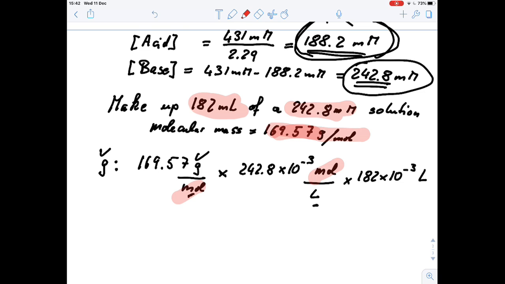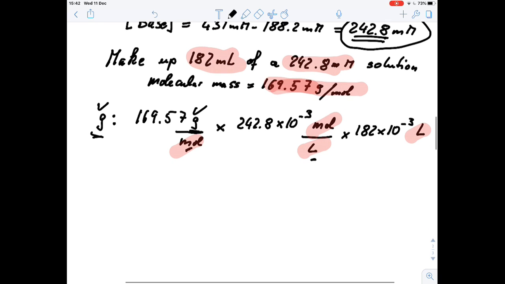Now what have we got left? We can cancel out the liters. And all we have left is really the grams here, and that is exactly what we want to have. So all we need to do is put that into a calculator, and I leave you to do that, to get some practice.